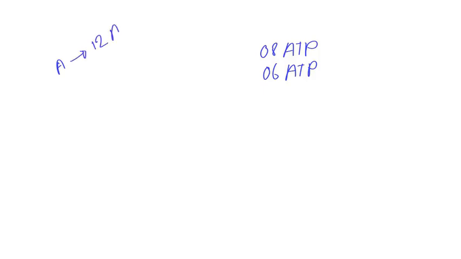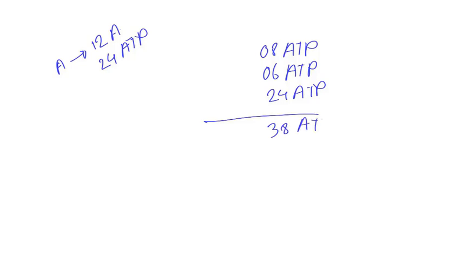So, from glucose, we found 2 acetyl-CoA. So, we can say glucose can produce 24 ATP in TCA cycle. Totally, we can find 38 ATP from complete oxidation of one molecule of glucose.